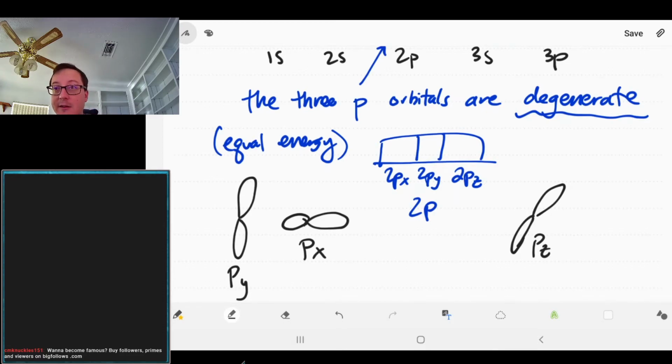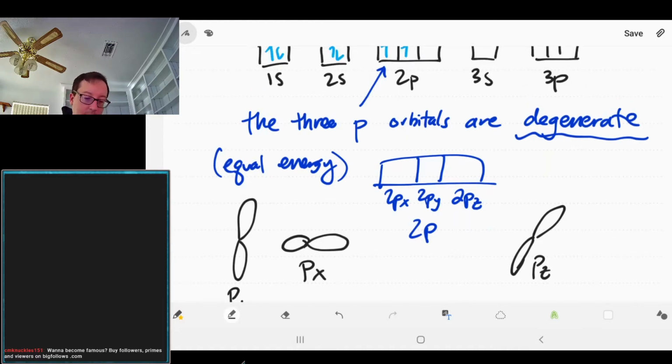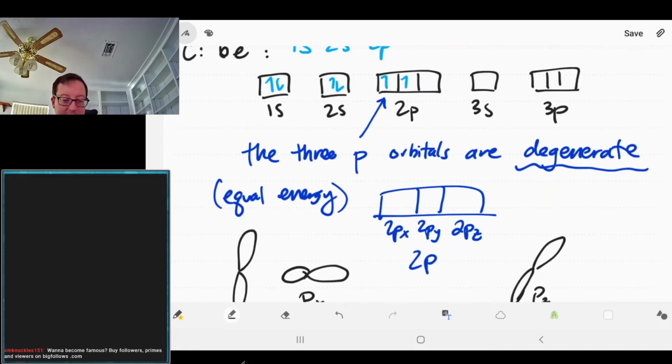Since they're equal energy, we can put them into separate boxes. And we can pair them off later. So because we draw these as degenerate, same energy as each other, all three different p orbitals within the 2p subshell have equal energy, we will separate our electrons first.